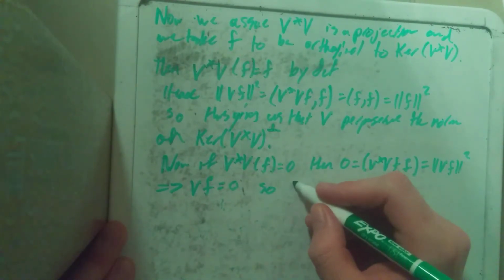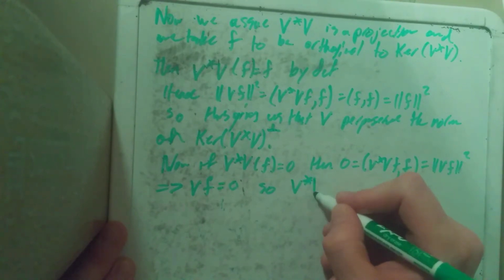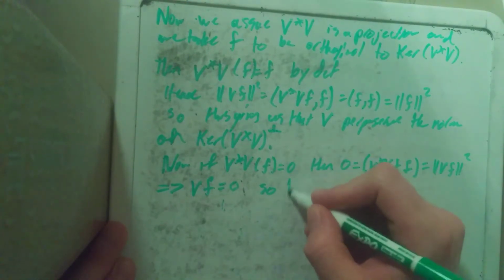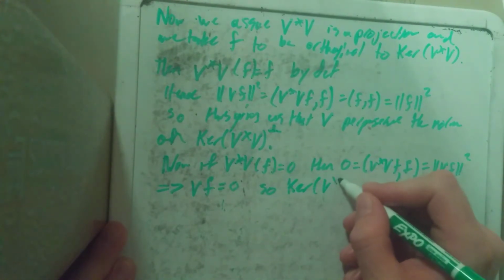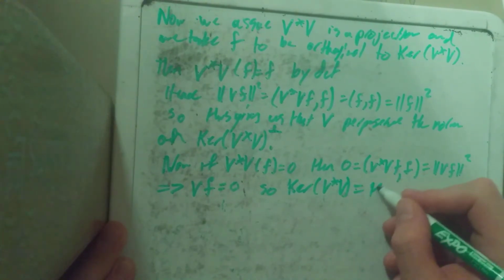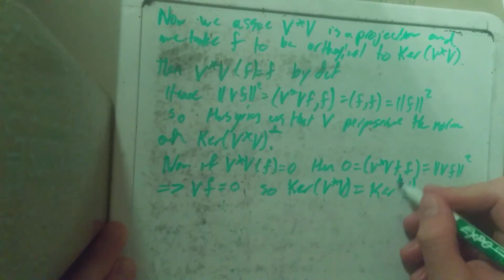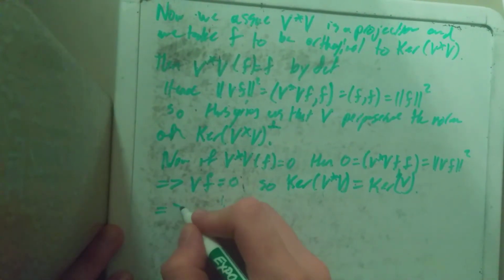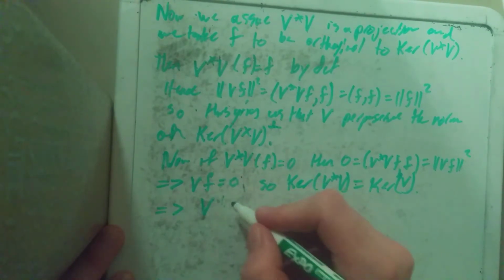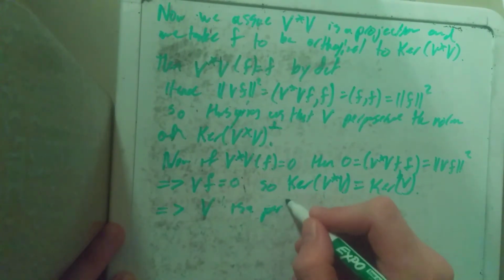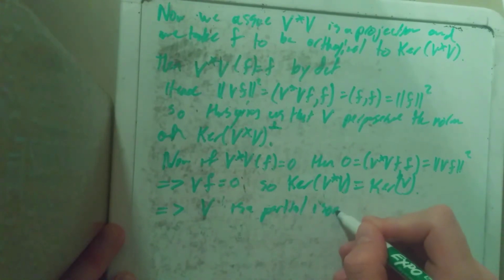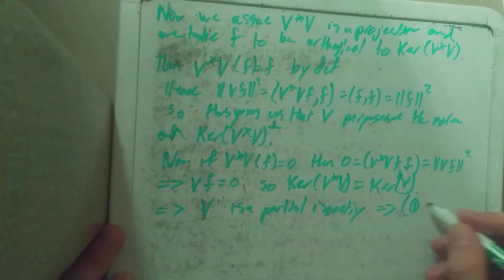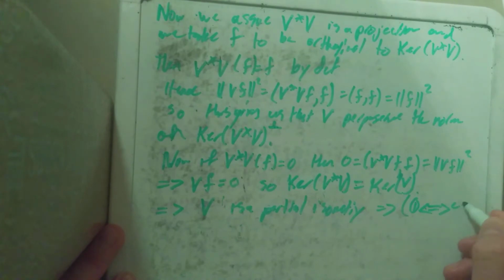So their kernels are the same. The kernel of V star V is equal to the kernel of V, which implies that V is a partial isometry, which gives us the correspondence between 1 and 4, that they are equivalent.